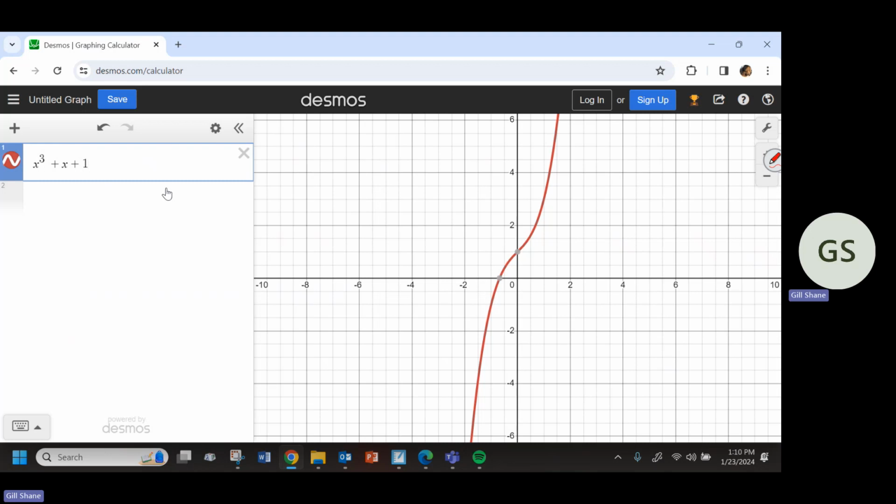I mean, it even says in the book that there are no rational zeros. Oh, okay, so it explains it. All right, so I'll just show you really quickly.